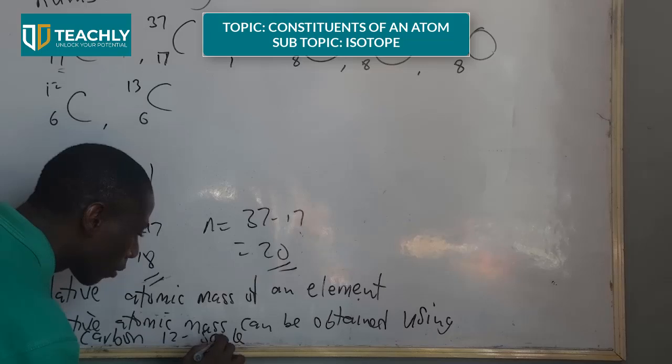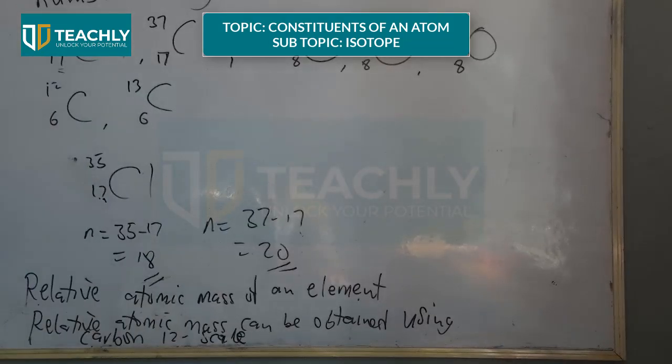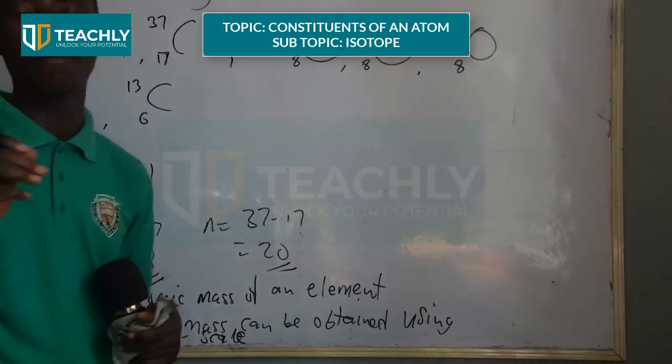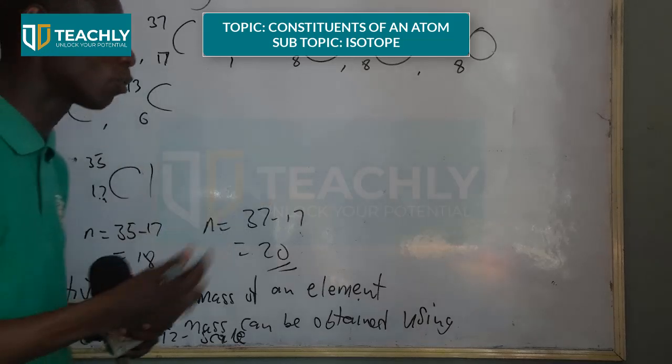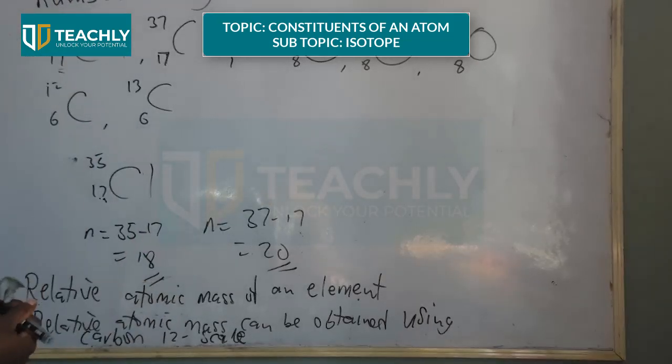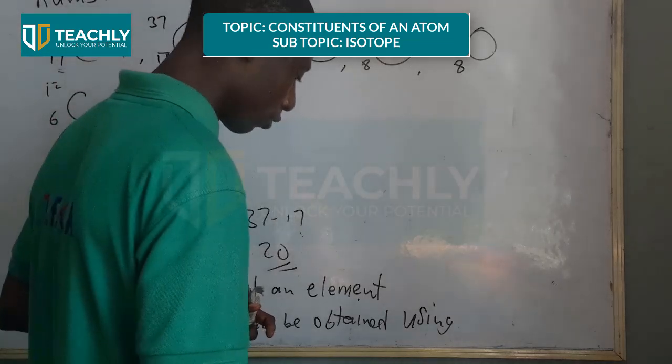When you say using the carbon-12 scale, it means we are using the mass of carbon as our reference point in determining the mass of other elements. That is what we refer to as using the carbon-12 scale.